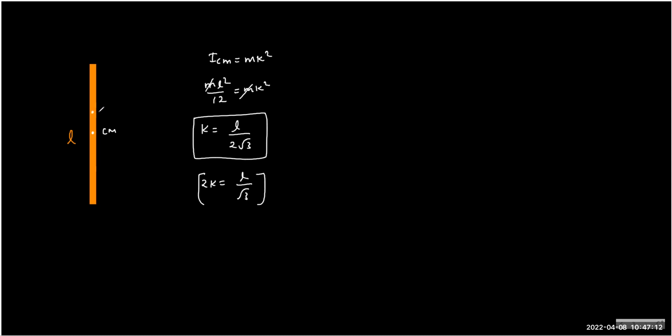So if this is the point of suspension and this is exactly equal to K, then this rod will perform with minimum time period, and the T minimum in that case will be 2 pi under root 2k by g, which is 2 pi under root L by root 3 g. Is it clear? Yes, sir.